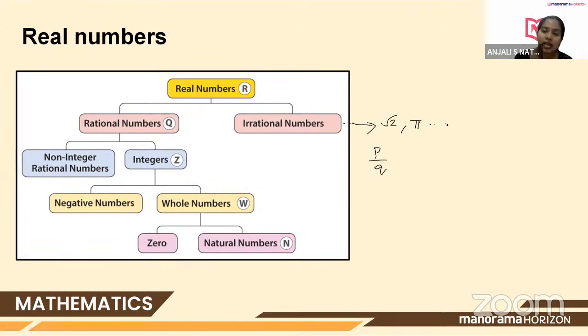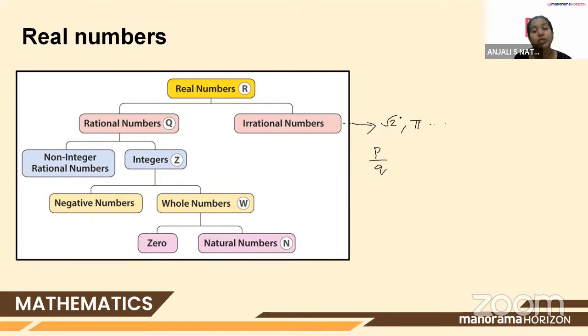So rational and irrational numbers come together and form real numbers. Clear? So we have natural numbers. If we include a 0 with the natural numbers, we get whole numbers. And if we include some negative numbers with these whole numbers, then we can call them integers. And if we represent these integers, both positive and negative, in p by q form or fractional form, then we call them rational numbers.